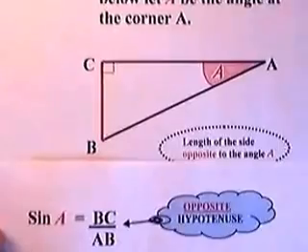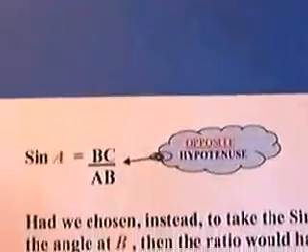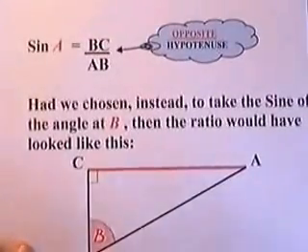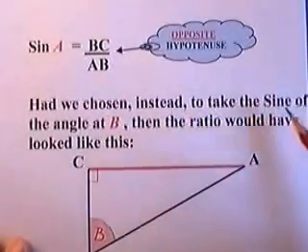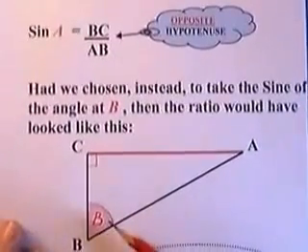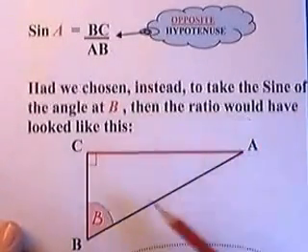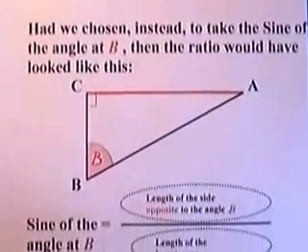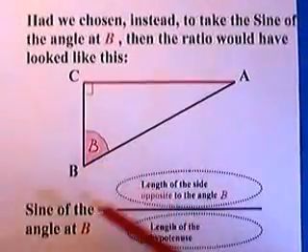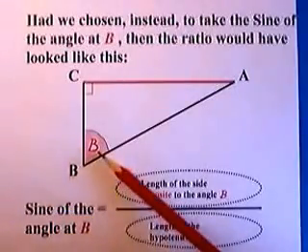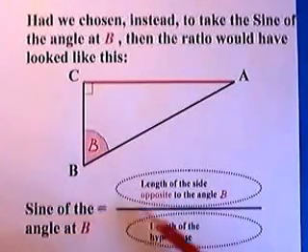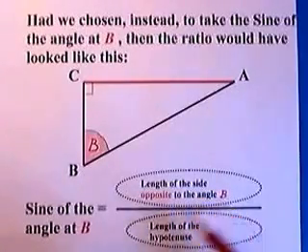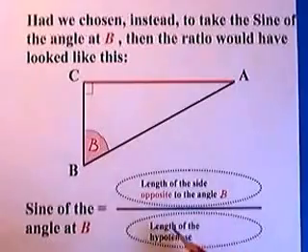Now, had we chosen instead to take the sine of the angle at B, at this corner down here, then the ratio would have changed. How would it have changed? Well, it would have looked like this. We would have said that the sine of the angle at B is equal to the length of the side opposite to the angle B divided by the length of the hypotenuse.